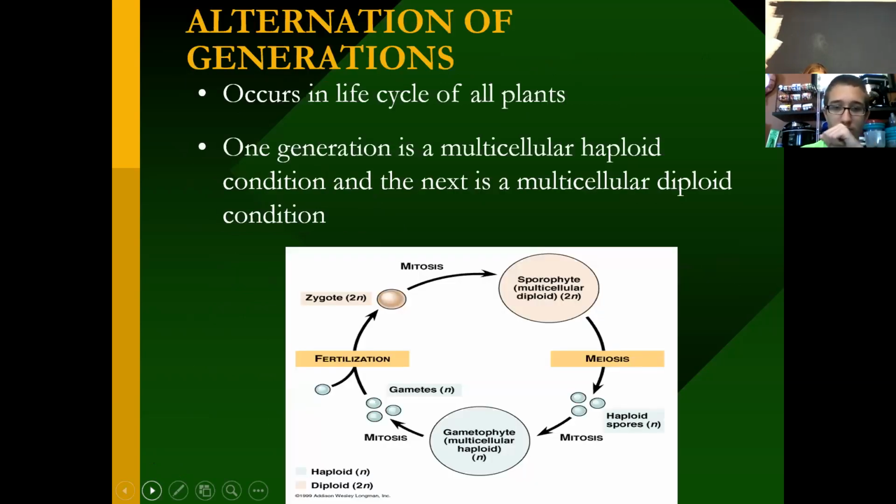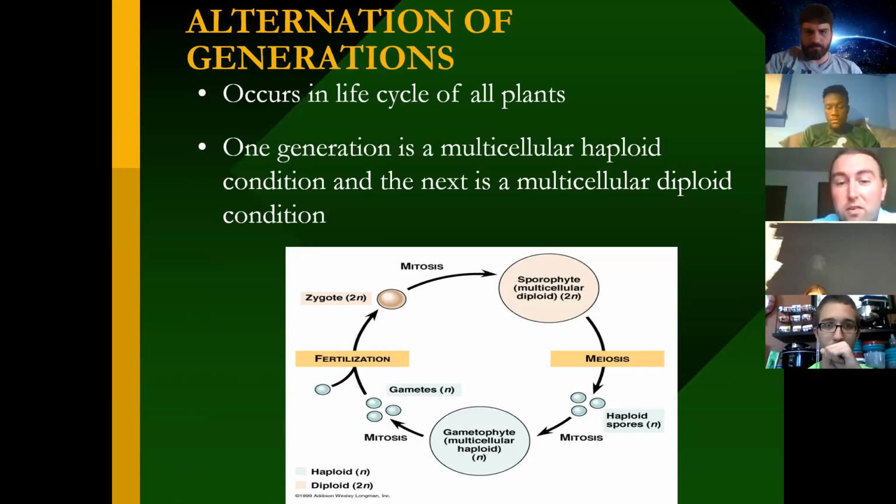So, alternation of generations. Life cycles in all plants. You go from this haploid condition to diploid. That's where this idea of how plants evolve comes in. Well, this is the mechanism that they use. You've got a zygote, which is basically the first thing that a plant puts out. Maybe that's a pollen. It would be a zygote in this case.